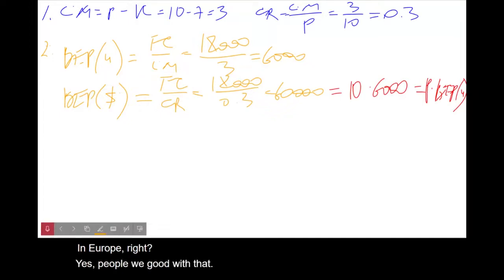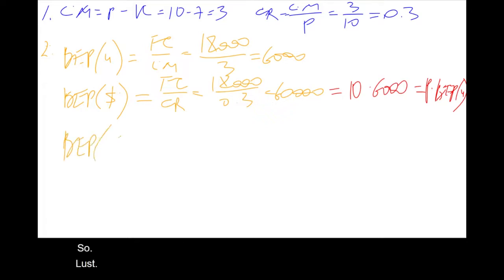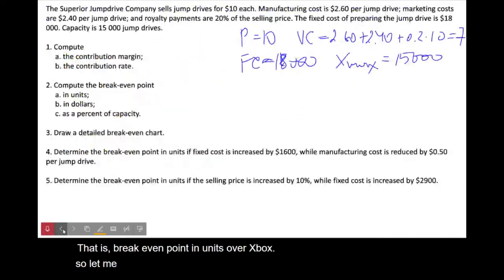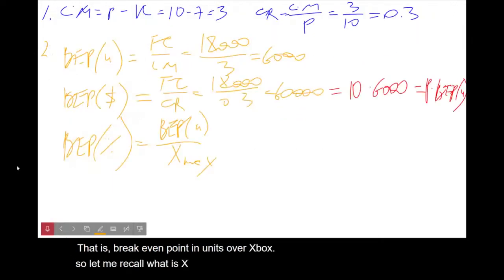Okay, so last, the break-even point as a percent. That is the break-even point in units over X max. Let me recall what X max is. 15,000.